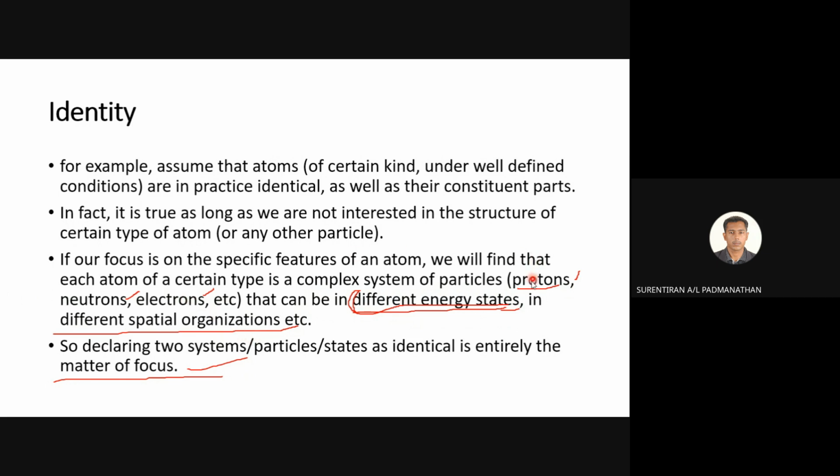The basic property of an atom is proton, neutron, and electron, but the arrangement of those protons, neutrons, and electrons gives a new material, whether it be natrium or zinc. So the arrangement of the protons, neutrons, and electrons will decide what kind of material it will be.